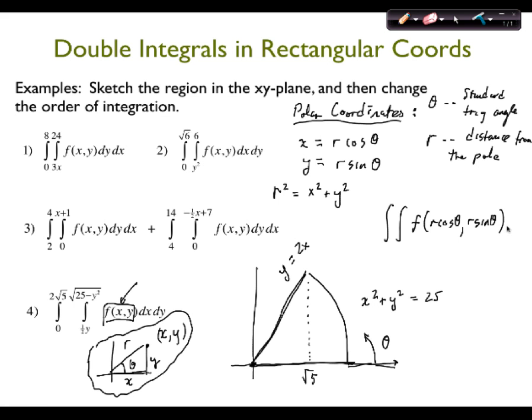And then we would be differentiating with respect to r and theta, so we'll just generically call it dA for now, and we'll show what that is in a minute, okay?